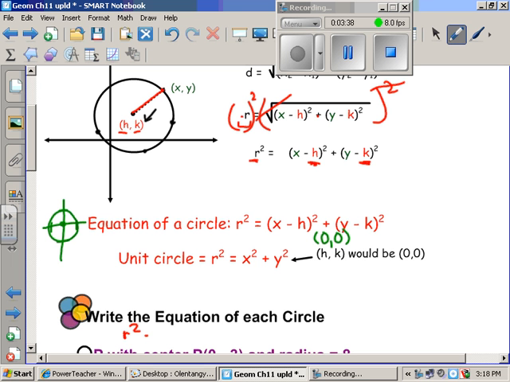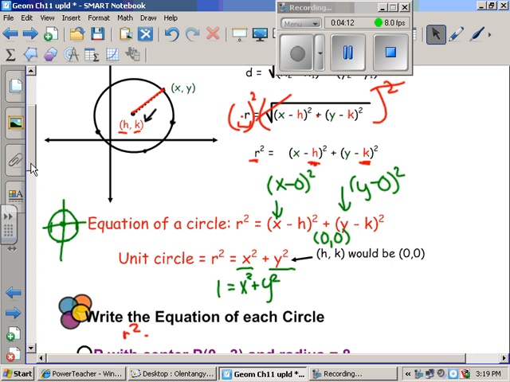So this term here is actually x minus 0 squared, and this term is y minus 0 squared. But x minus 0 squared is just x squared, and y minus 0 squared is just y squared. So for the unit circle, r is 1, so 1 squared, which is 1, equals x squared plus y squared. That's the most basic circle you can come up with.